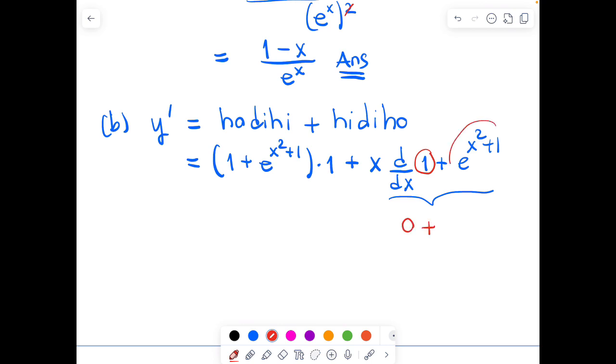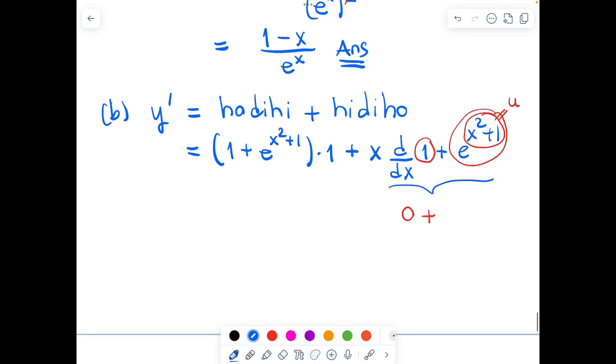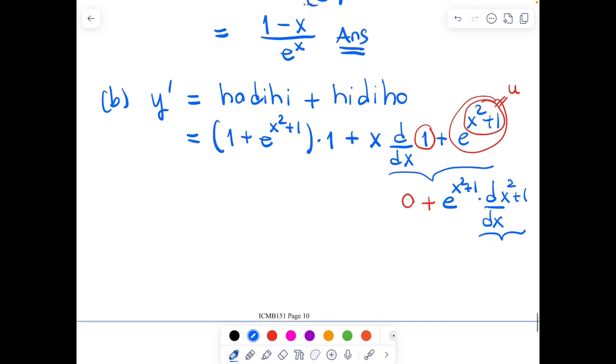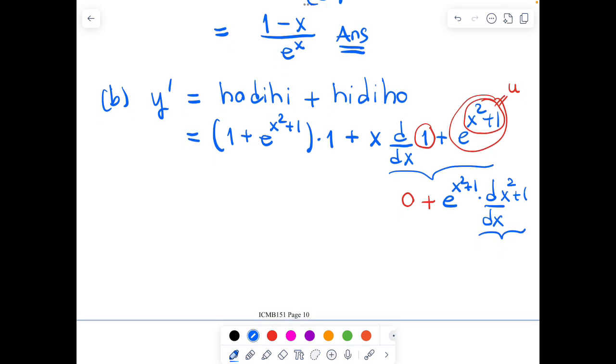Plus differentiate this, you can think of the power right here as a u. So it's e to the u. You differentiate e to the u, you get the same thing back, which is e to the u. Multiply, you have to differentiate the u. That means you have to differentiate x squared plus 1 with respect to x. Now, if you differentiate that, you get 2x.